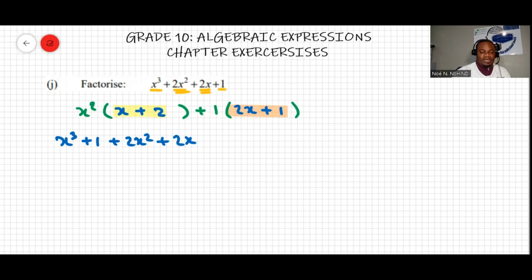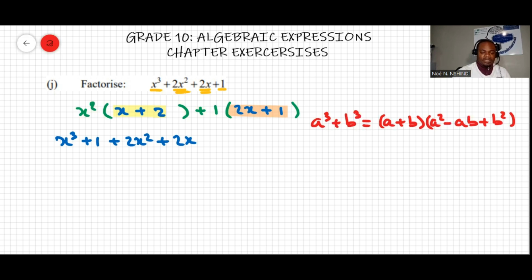Because x cubed plus 1, we do know this property that says the sum of 2 cubes, a cubed plus b cubed, is equal to (a plus b) times (a squared minus ab plus b squared). We can factorize that way.